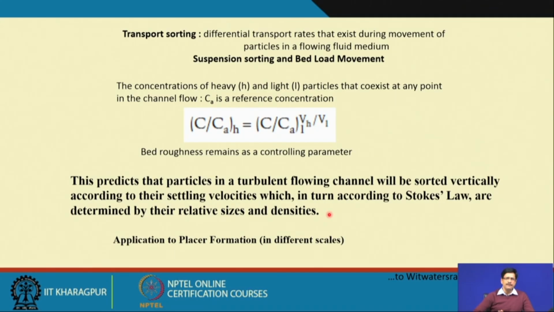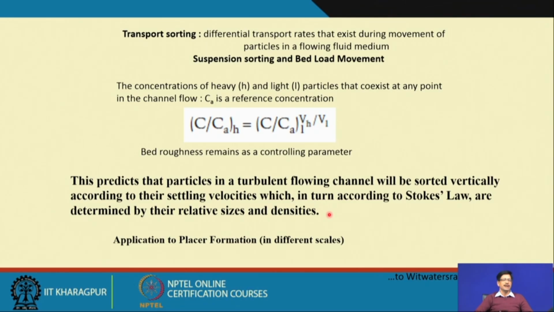So now we can see how we can correlate this to the process of placer formation. It requires a little more finer detail on exactly the process of sedimentation that is taking place when a cross bedding is forming with the foreset laminae in a flowing water system.